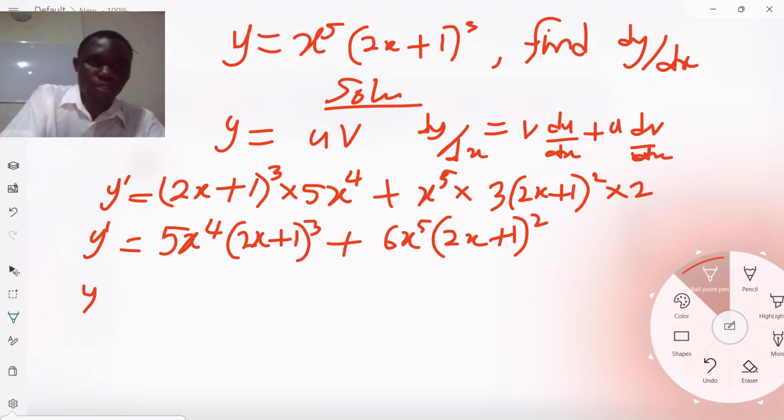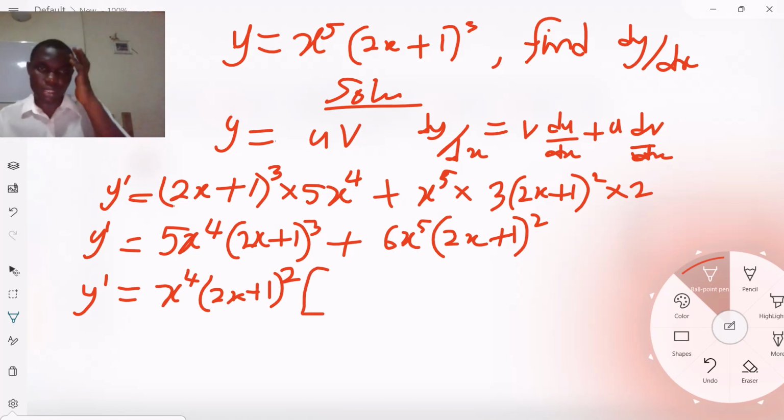So I will have y prime is equal to x raised to power 4 and also (2x plus 1) raised to power 2 is also common. Then I'll open another bracket so that I'll bring the rest into this space.